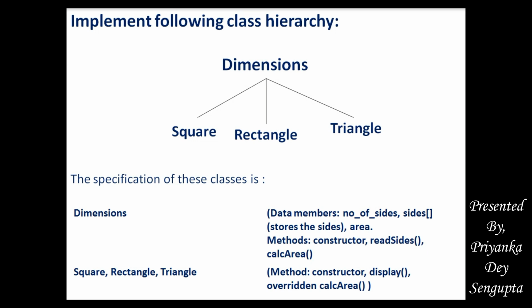The square, rectangle and the triangle have a constructor method, a display function to display the area, and an overridden calc area method to calculate the area of square, rectangle or triangle respectively.